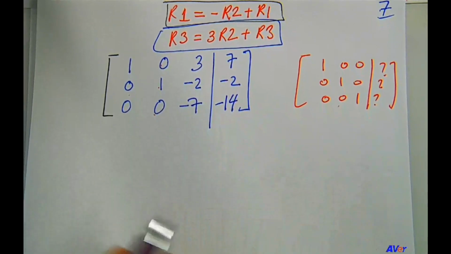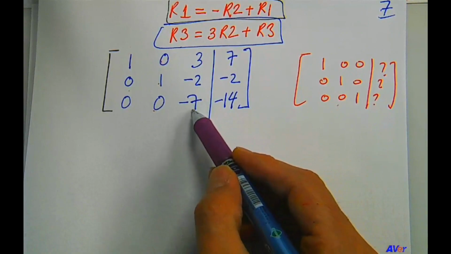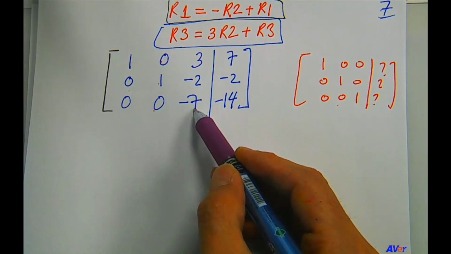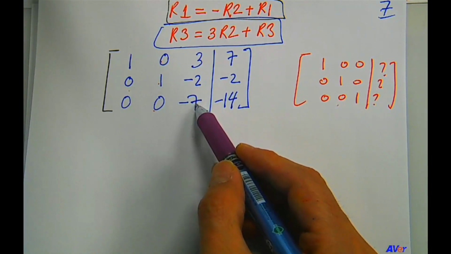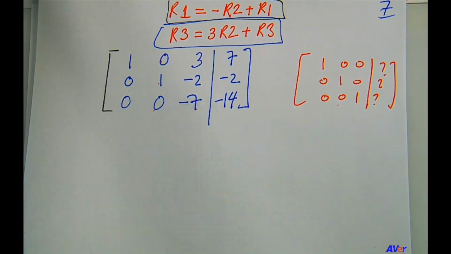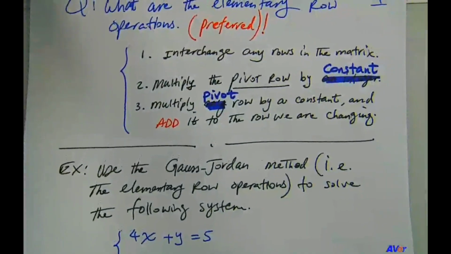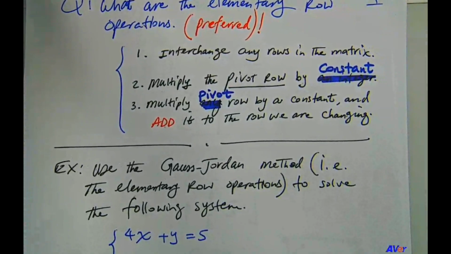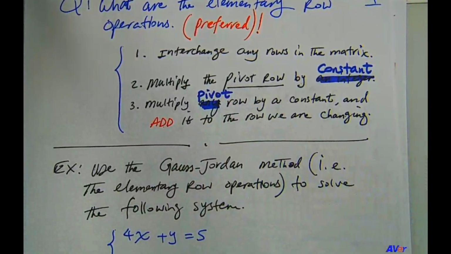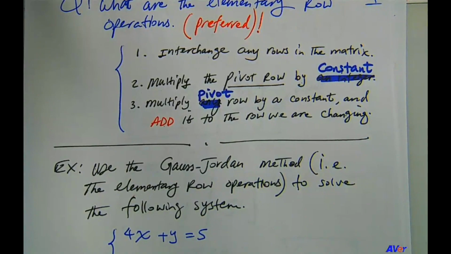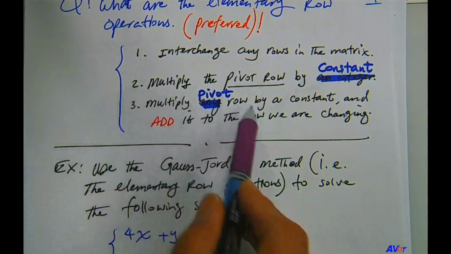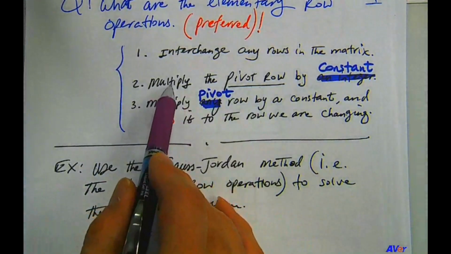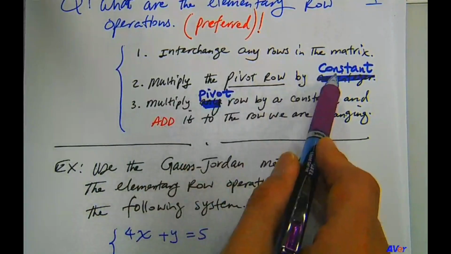Well, think about how we can get a 1 instead of -7 in this spot, right? Let me bring back this slide that has the row operations on it. Which one of these would you use? If you answered the second one, perfect. That's the correct one: multiply the pivot row by a constant.